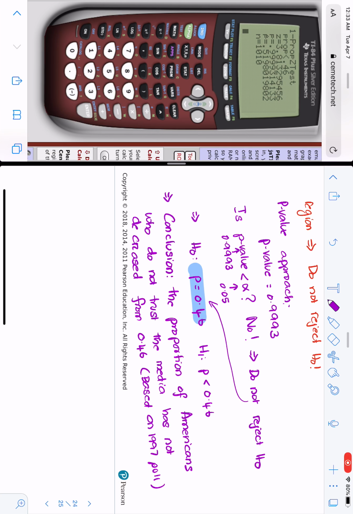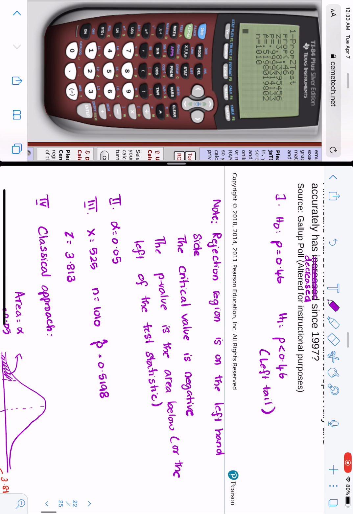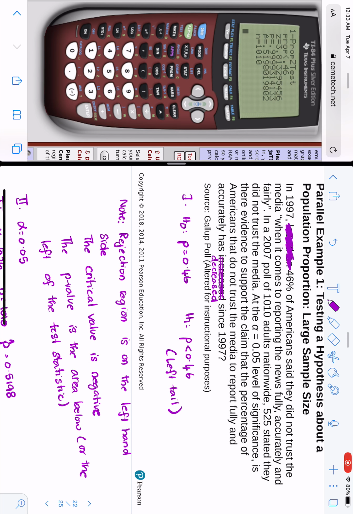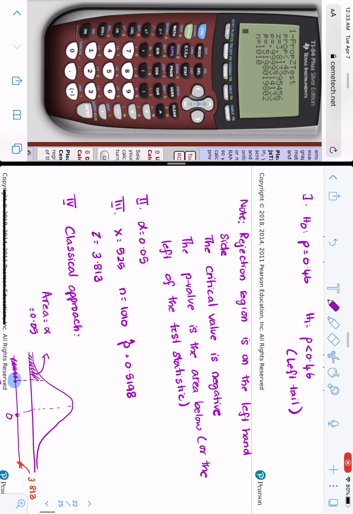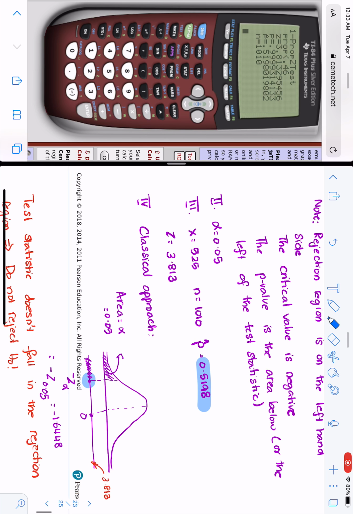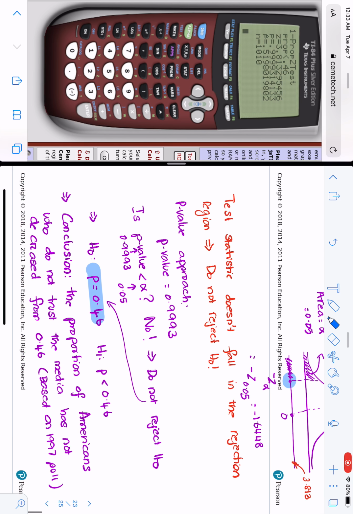Does that make sense? If you go back and read the question, it was 46%, and we collected the data and ended up getting 51.98% in the year 2007. So by all means, the proportion has gone up. So it would be completely wrong for us to conclude that the proportion would be less than 0.46, which is the alternative.